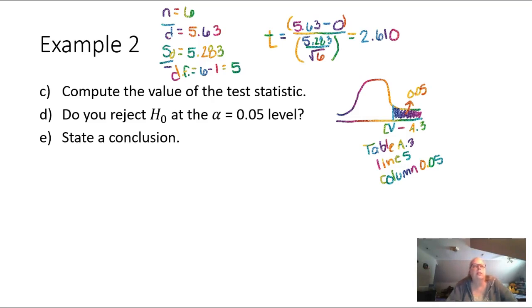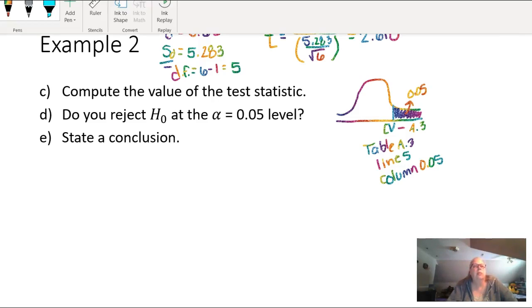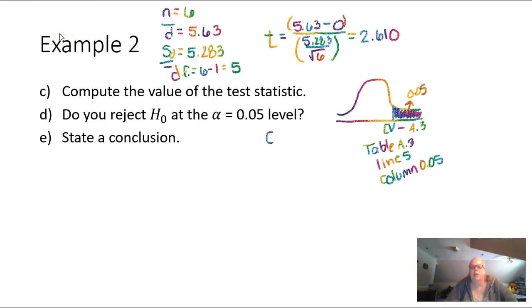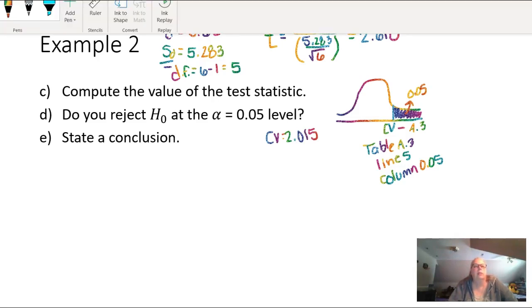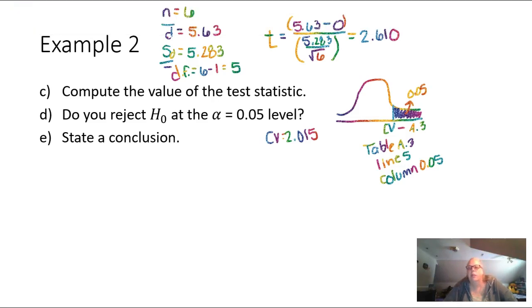Our critical value is going to be equal to 2.015. And now we'll take all this out of here and make a little bit of room.